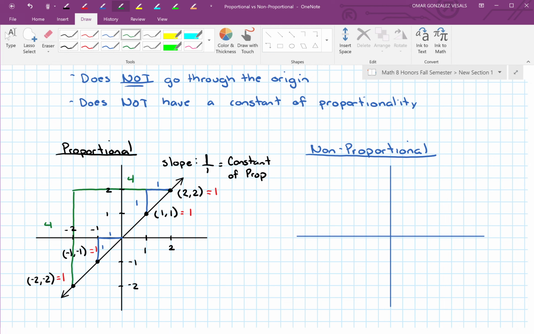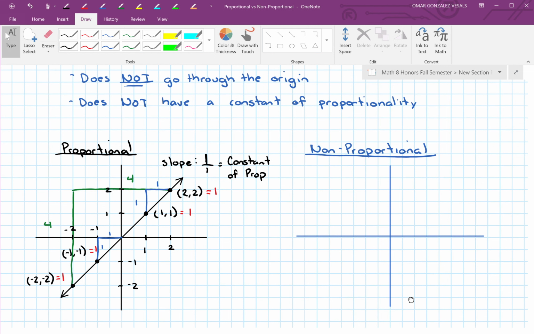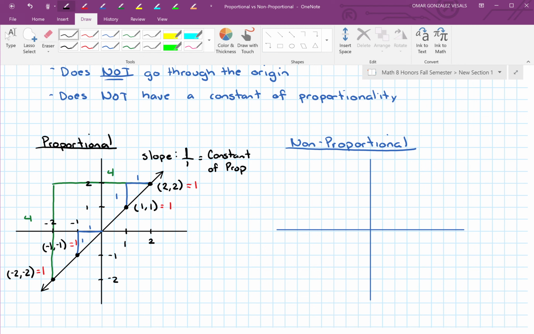Okay. Now look, I'm going to use the same slope for my non-proportional. So my slope is going to be what? 1. My slope is going to be 1, right? So I'm going to have the same slope. The only thing that I'm going to change is that I'm no longer going to go through the origin. I'm not going to go through here.